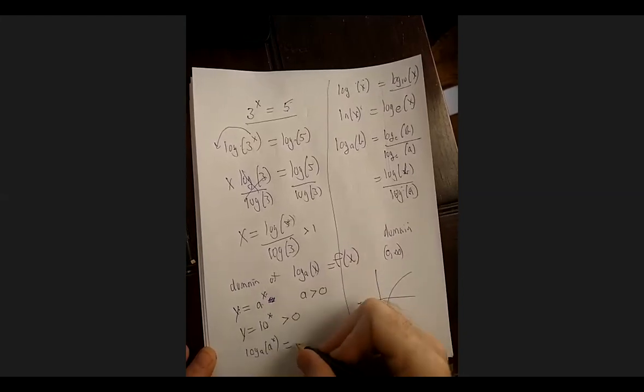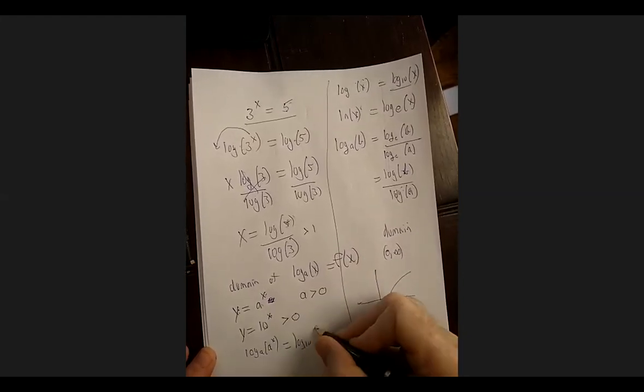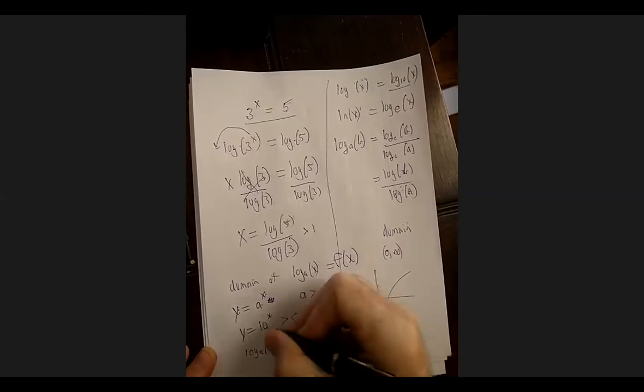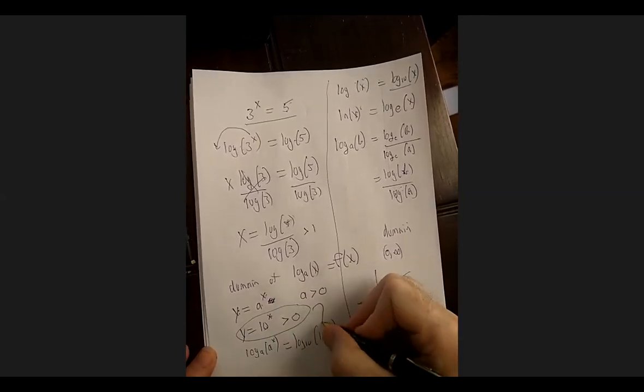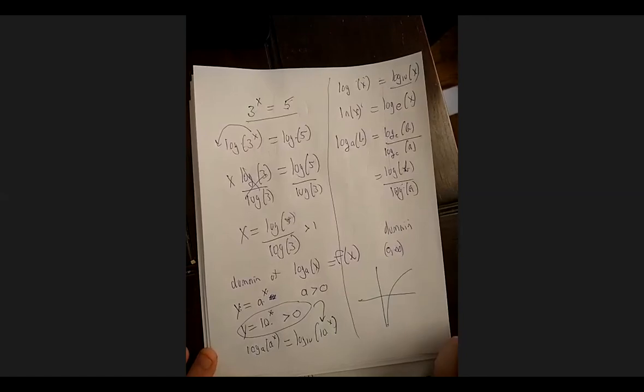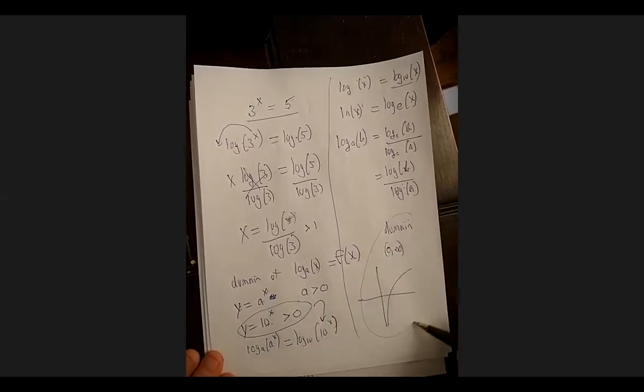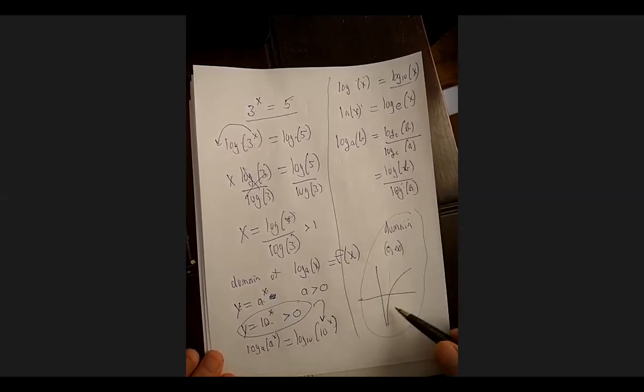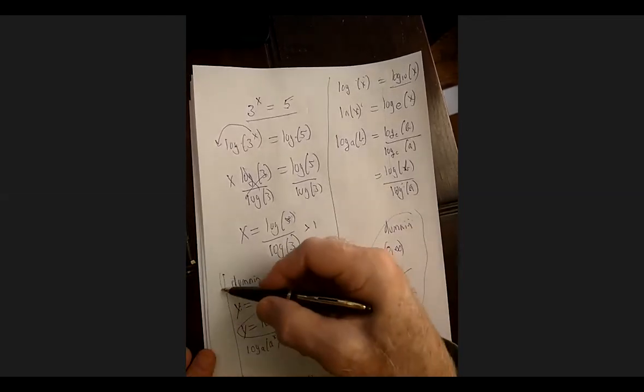So using base 10, it would look like this. This has to be greater than 0, which means that that has to be greater than 0, because this is what goes there. So again, you might have in your notes that you can find the domain of the log, and you should know that based on this stuff, but this is an explanation why.